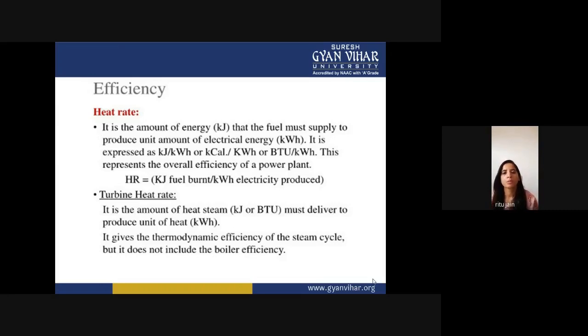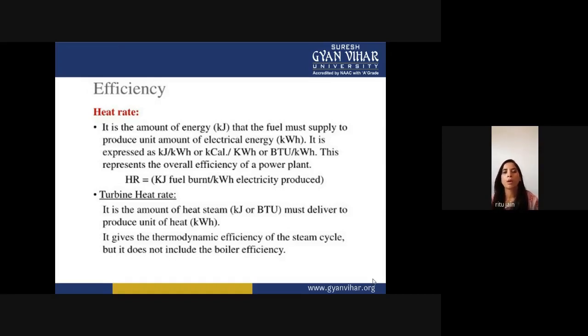Now, next we come to the turbine heat rate. It is the amount of heat the steam must deliver to produce a unit of electricity. Actually, in a thermal power plant you are burning coal, so how much coal is required to convert water into steam.